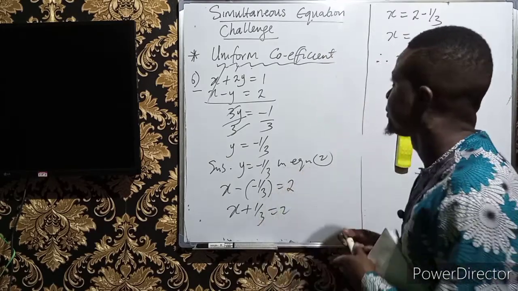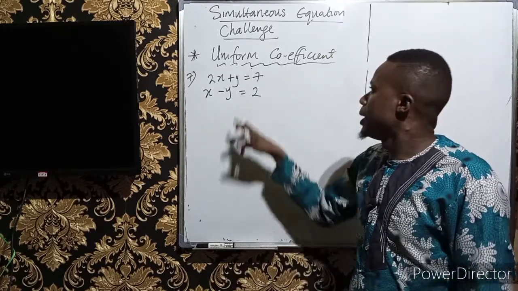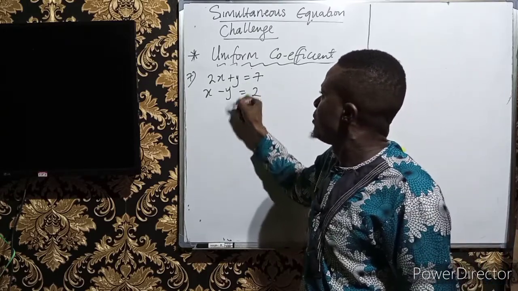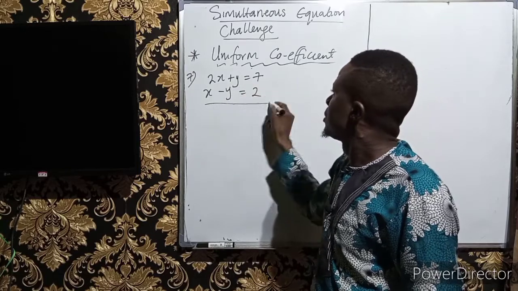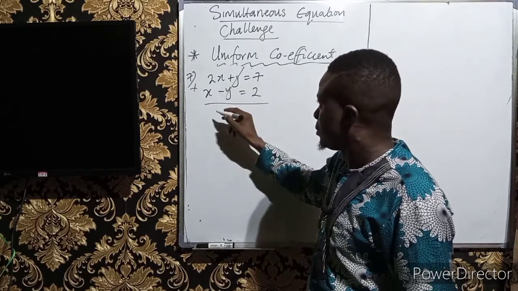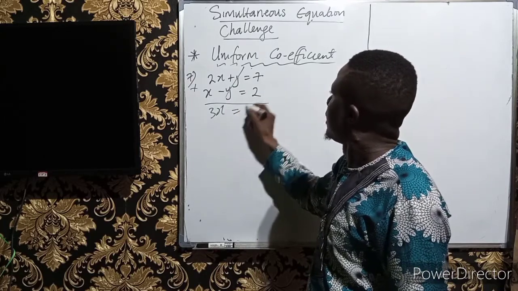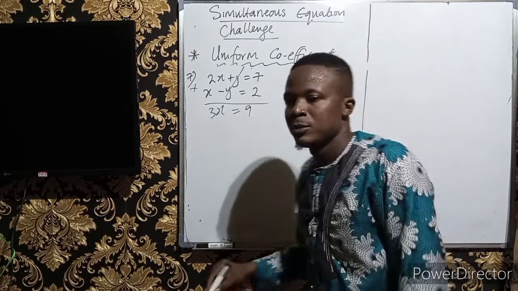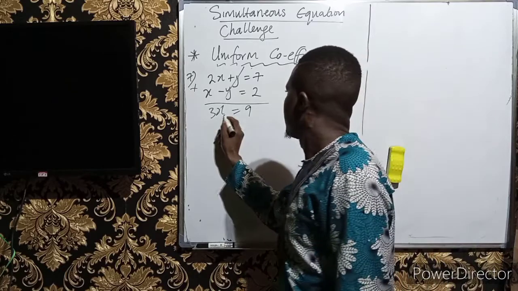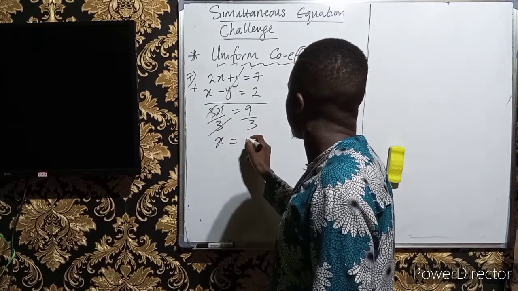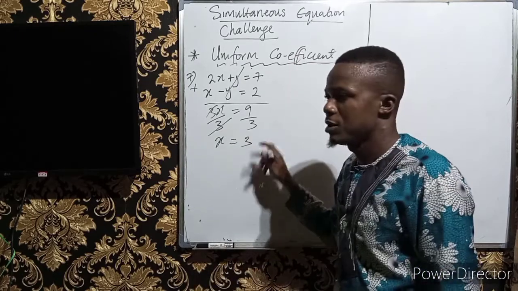Let's take another one. Okay, here y is equal to y, and it's only plus that will make this y to be eliminated. So we shall add. 2x plus x is just 3x, and 7 plus 2 is 9. To get the value of x, I have to divide both sides by 3. So x is giving me 3, because 9 over 3 is 3.